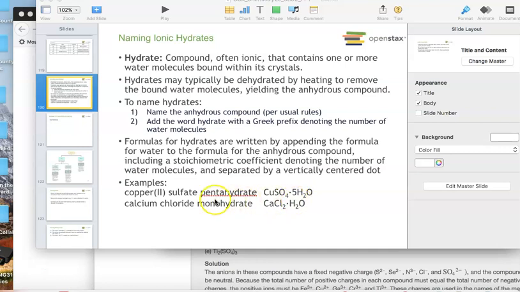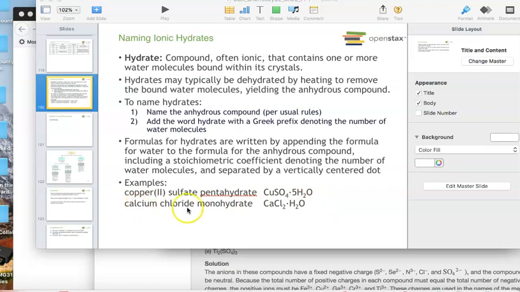So the name of this would be copper(II) sulfate, and 5 is the prefix penta, so pentahydrate, right? Hydrate means that it has water molecules complexed with whatever the ionic compound happens to be. In this case, it's copper(II) sulfate.